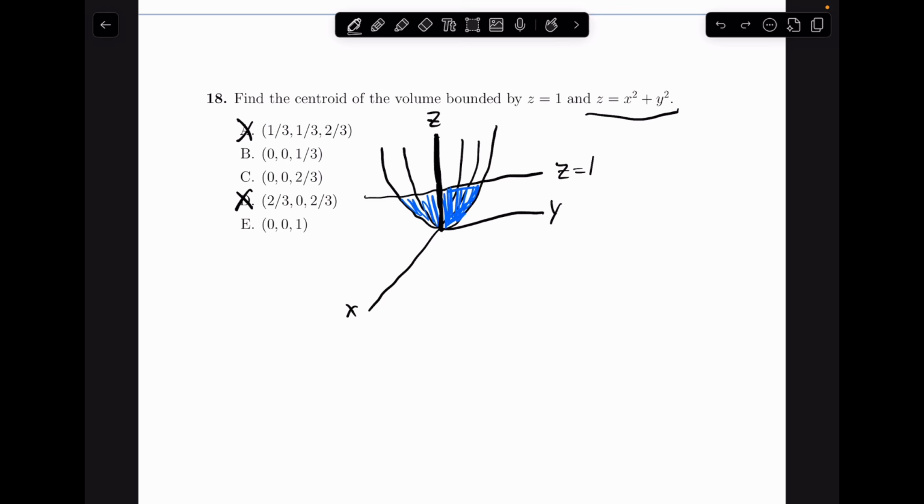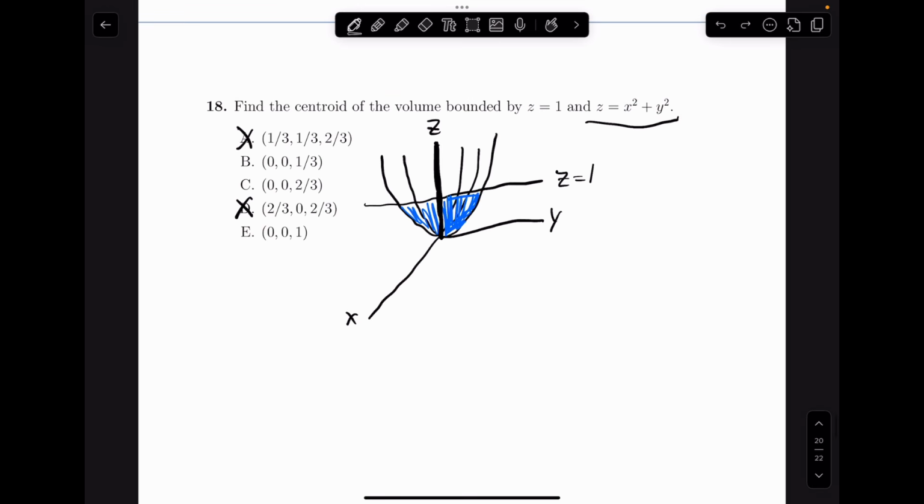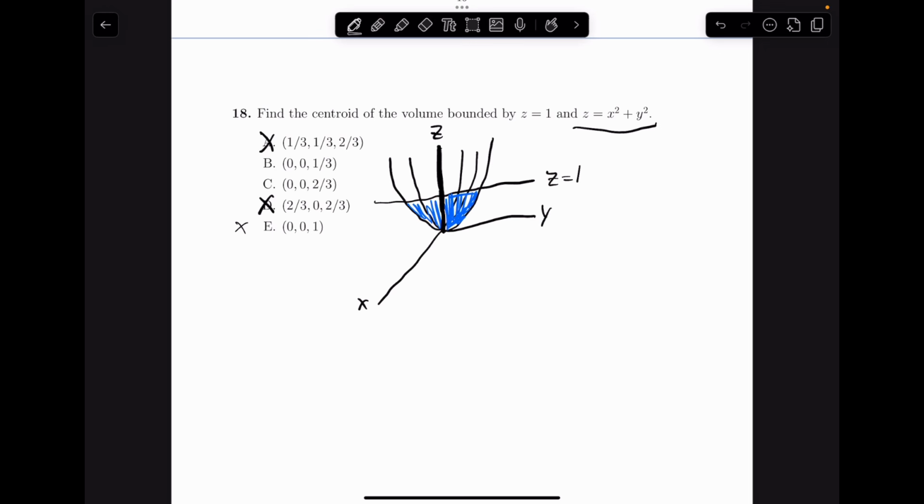That would mean something along this line is so heavy that it counteracts all of the blue stuff here, and that's so unlikely, especially because we have constant mass density. I would guess the center of mass would be somewhere around here. I'm really not thinking E is correct, but let's actually compute that z component.